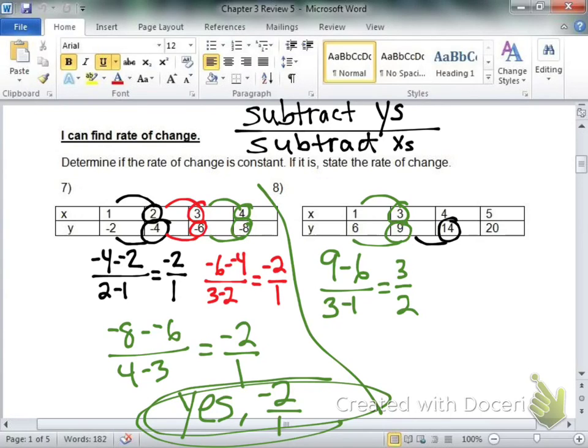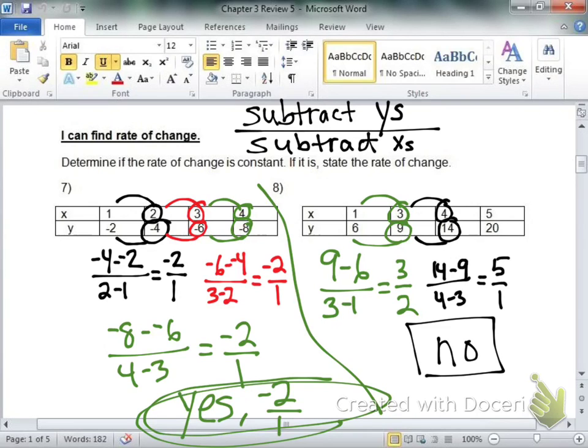If I don't, I'm going to stop and say no. So 14 minus 9 over 4 minus 3. That is a 5 over 1. So does this one have a constant rate of change? No. Once you know it's a no, you're done. You don't have to calculate the rest of them. You don't have to tell me what the rates of change were. You can just say no, it is not a constant rate of change.